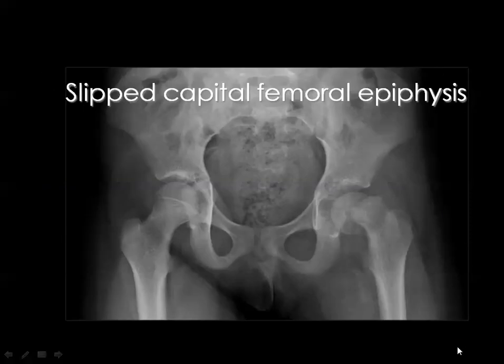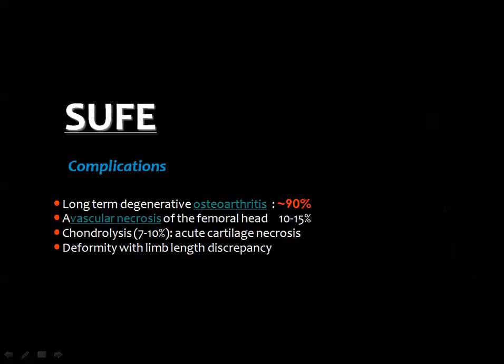And this is also a slipped capital femoral epiphysis on the left side, clearly seen in the frontal radiograph of the pelvis. The complications of slipped capital femoral epiphysis may include osteoarthritis of the hip, avascular necrosis of the femoral head, chondrolysis, acute cartilage necrosis of the hip, and deformity with limb length discrepancy.